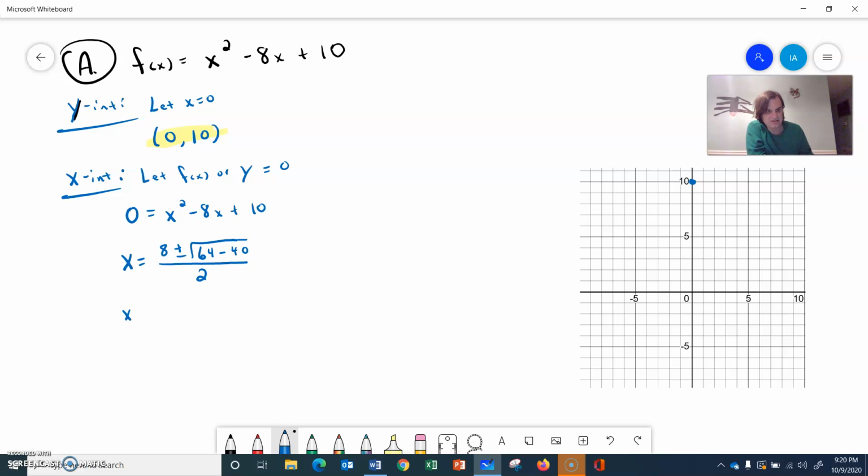So in carrying this out a little bit, 8 plus or minus the square root of 24, all over 2. I can reduce the square root of 24. It is 2 square roots of 6.